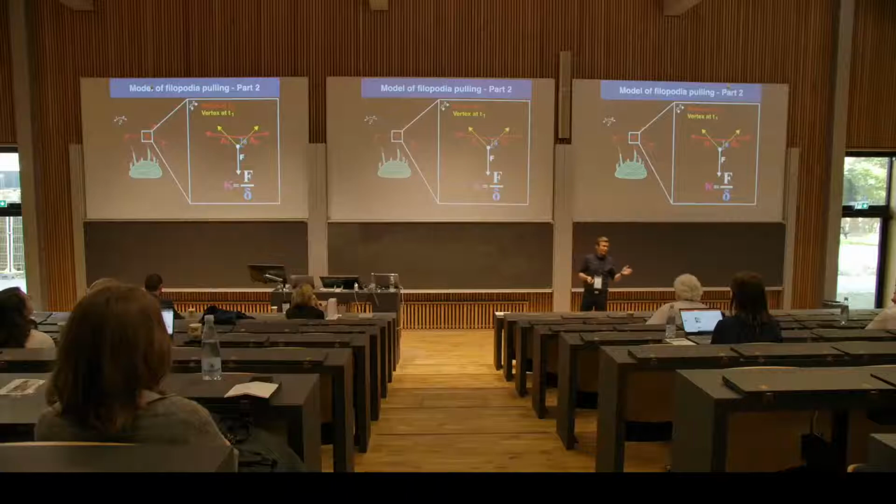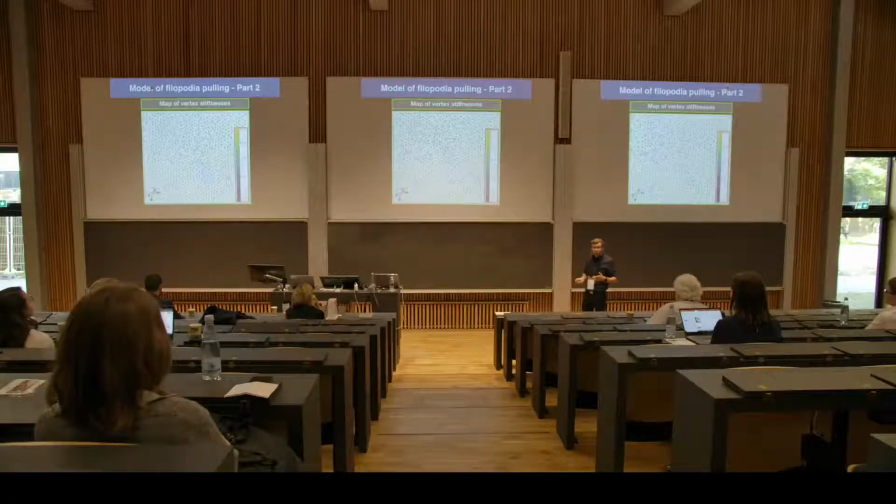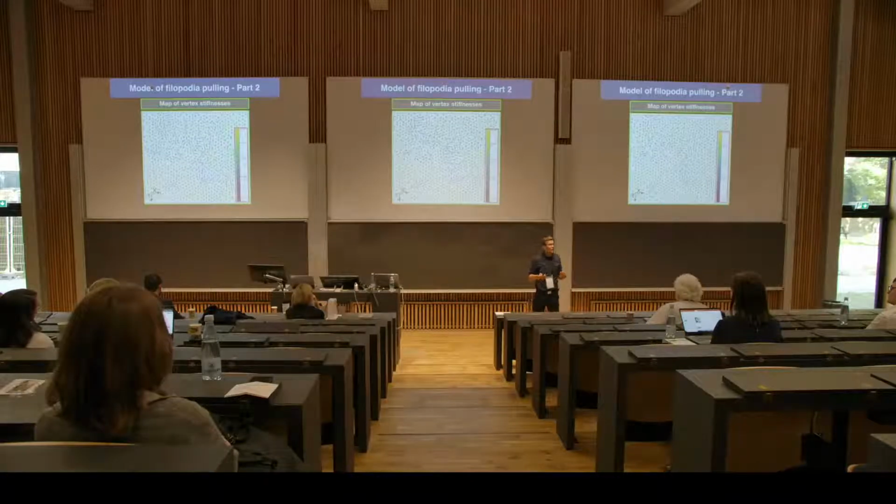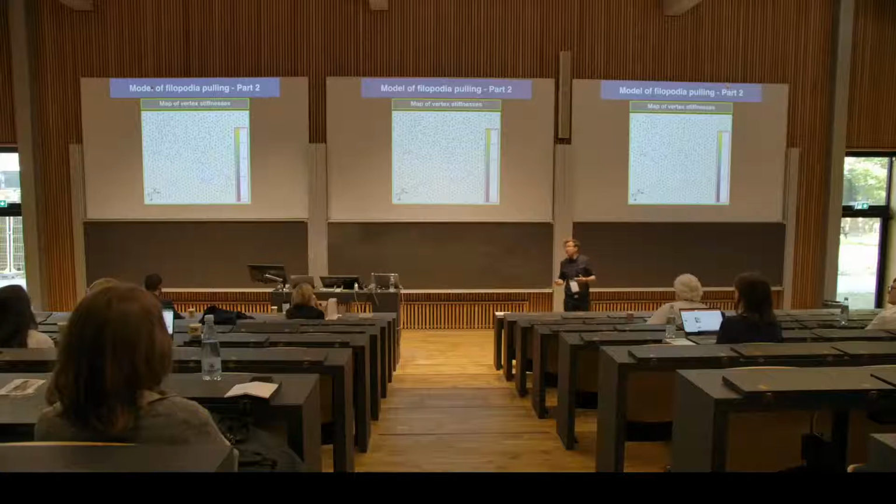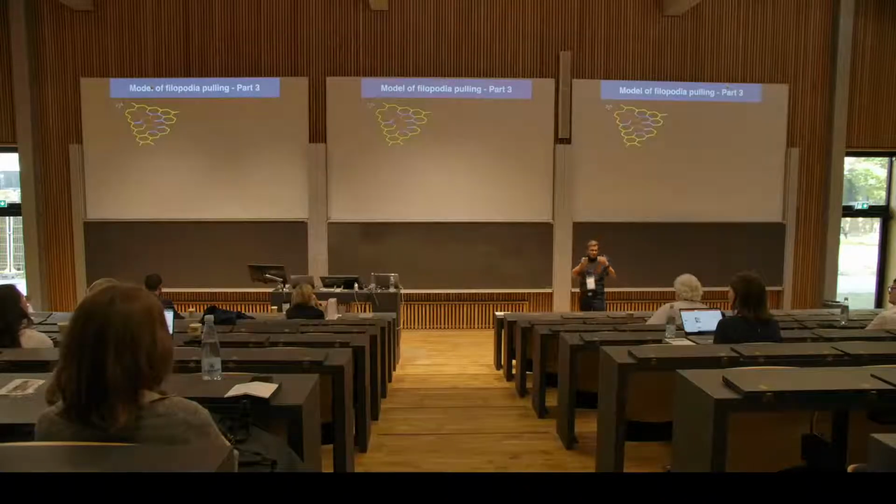If we do this exercise for all of the vertices in the tissue, we get what we call a vertex stiffness map. You can see here that some of the vertices are stiffer and some of the vertices are less stiff.